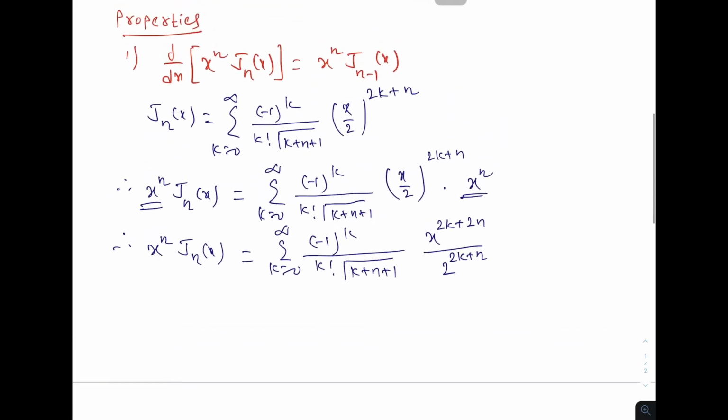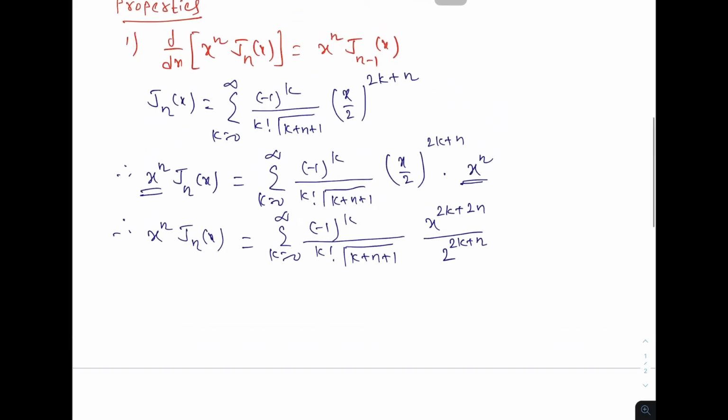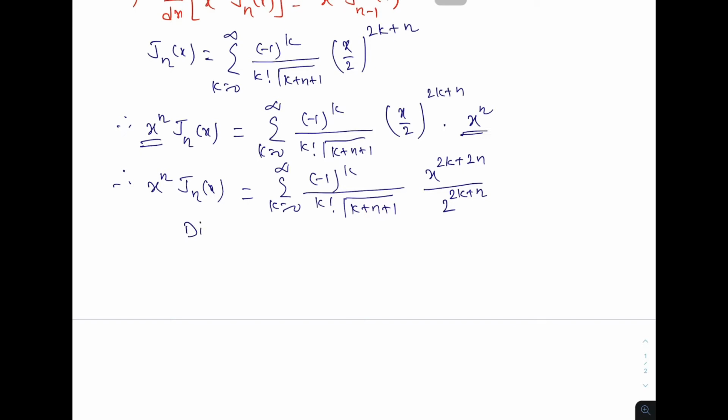Now let us differentiate on both sides with respect to x, because we want the derivative here.